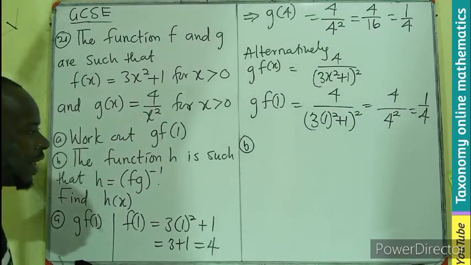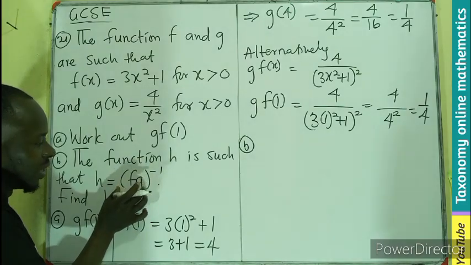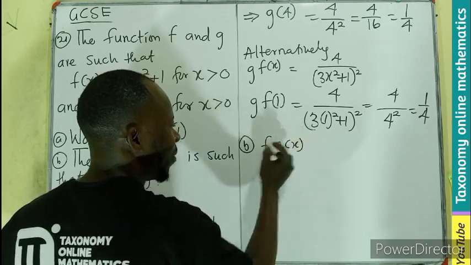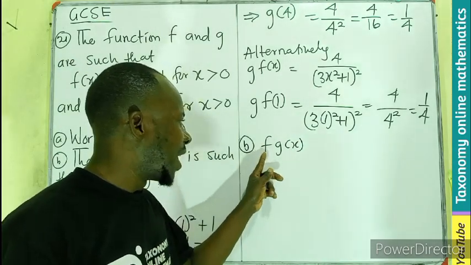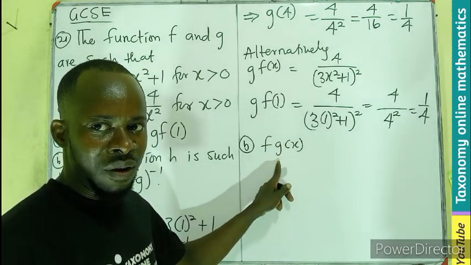So when it comes to h, let me just begin with this one first, which is saying fg. Let me take it this way. If I'm saying this, it means everywhere I see x in f, I introduce the function g of x.